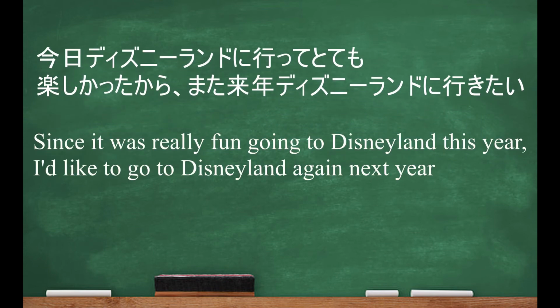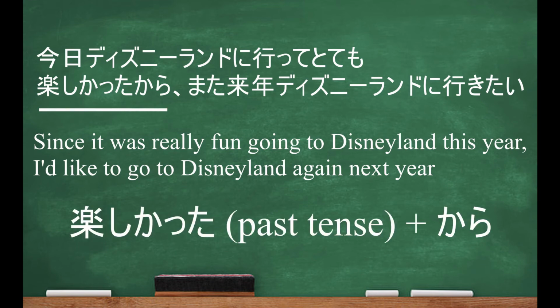This means since it was really fun going to Disneyland with my friends this year, I would like to go to Disneyland again next year. And notice how we are attaching 楽しかったから, which is the past tense. 楽しかった, and then we're adding から. And this allows us to reason with something that happened in the past. Since it was fun going to Disneyland today, something that happened in the past, I want to go to Disneyland again in the future or next year.